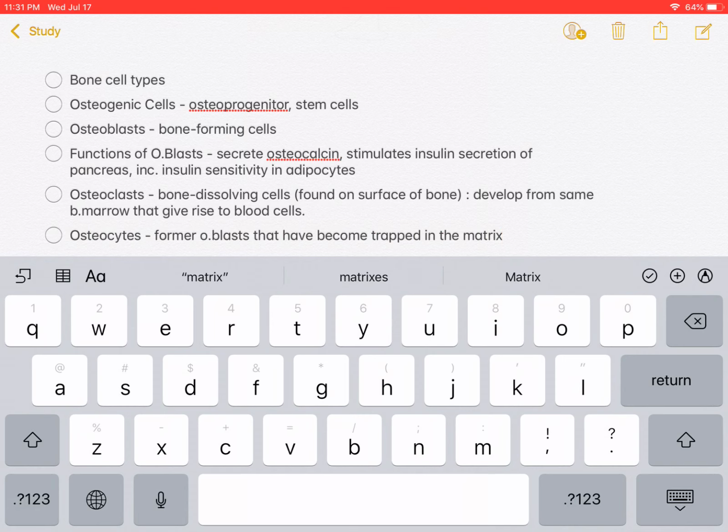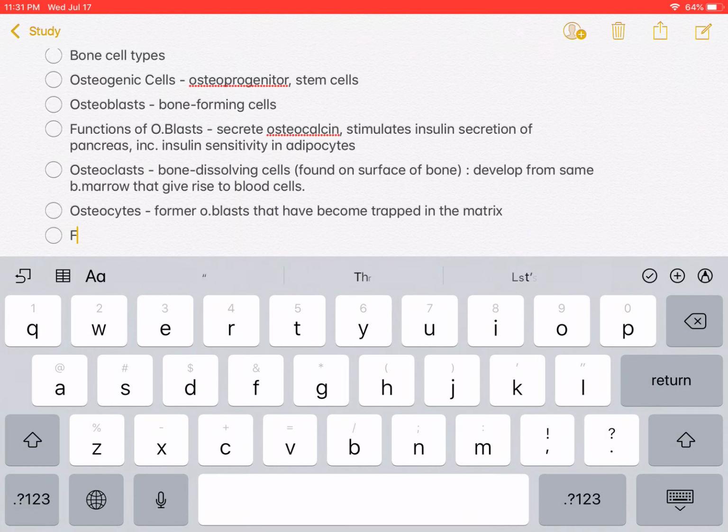What about the functions of the osteocytes? It contributes to the homeostatic mechanism of bone density and calcium phosphate ions. So we're just going to put here homeostasis of calcium. Okay.